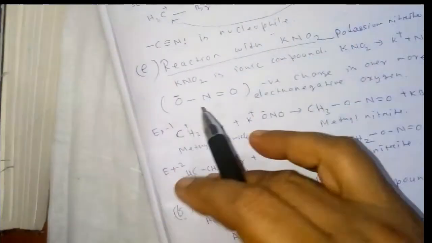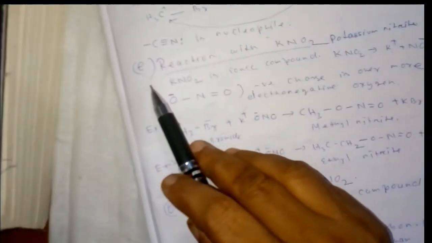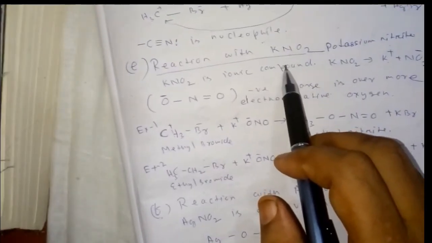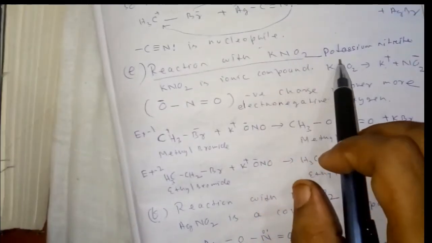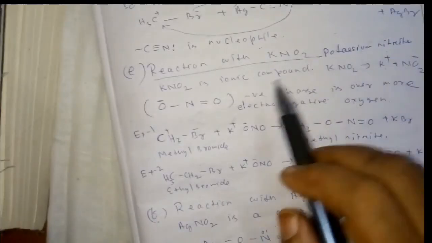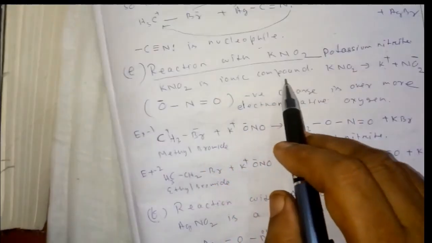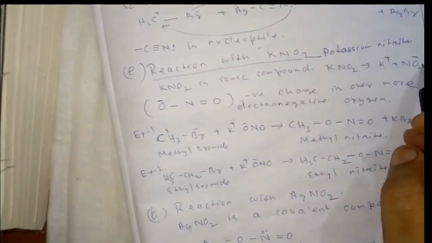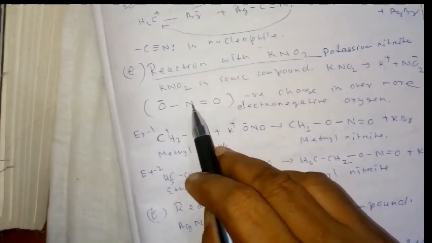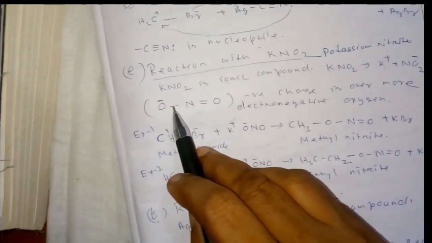This is very important. Next is reaction with KNO2. KNO2 means potassium nitrite, an ionic compound, K+ NO2−. I have split the NO2−: O single bond N, double bond O. Oxygen is divalent, nitrogen is trivalent, and this is negative charge, so monovalent.